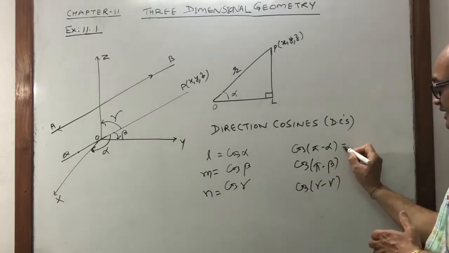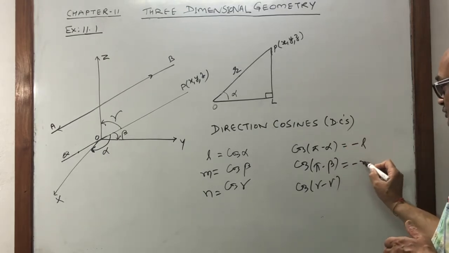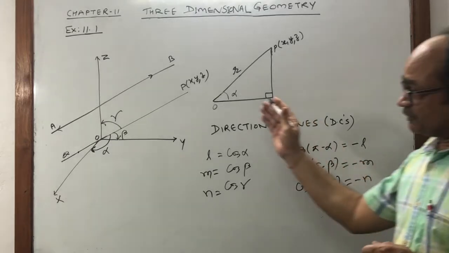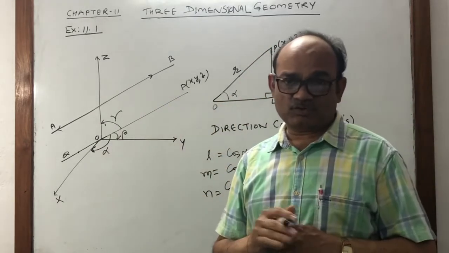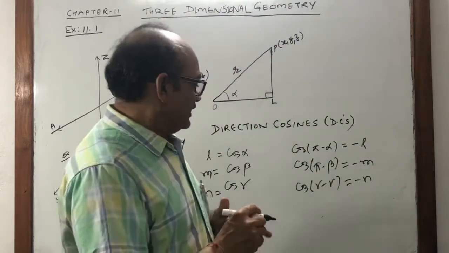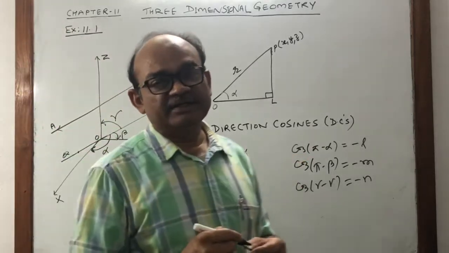Then these DCs are minus L, minus M and minus N. Why? Because cos of 180 minus theta is minus cos theta. So L, M, N positive or negative, these two are said to be direction cosines.